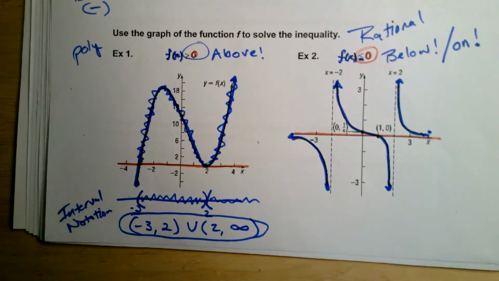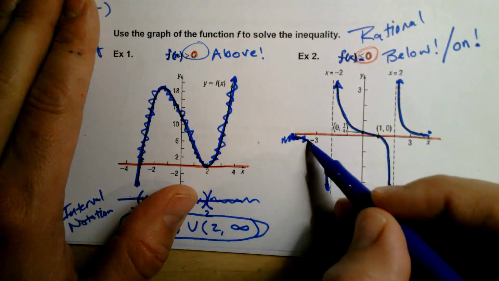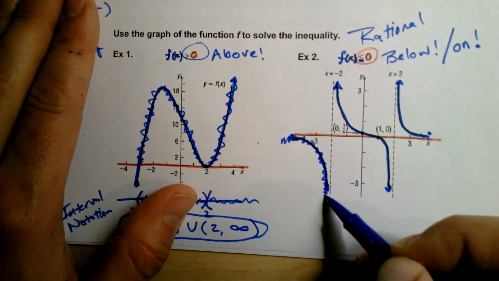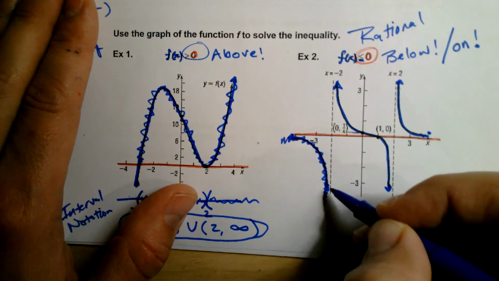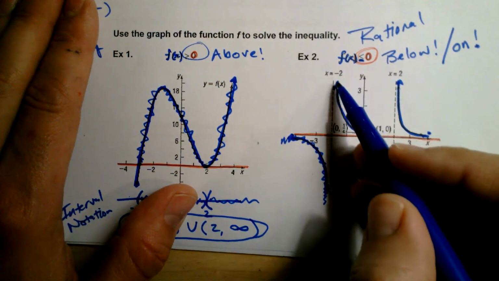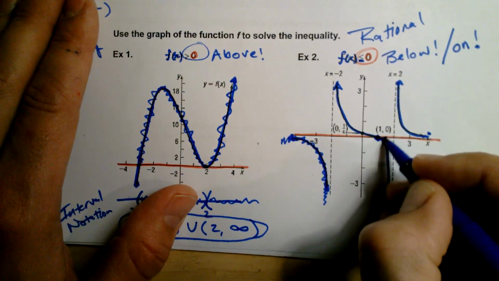Okay? So I take a look, and from the left, below, below, below, below, down there. And then the graph stops at -2, and then starts up here. Above, above, above, above, on, so I want that.